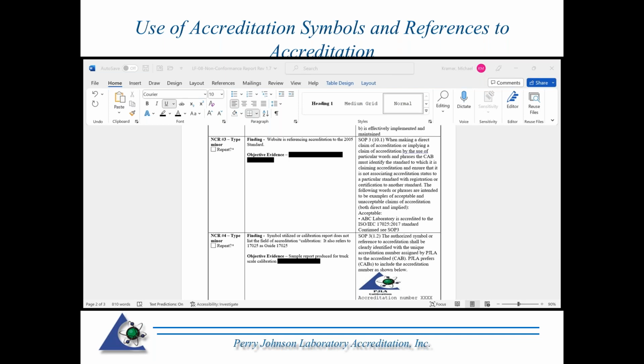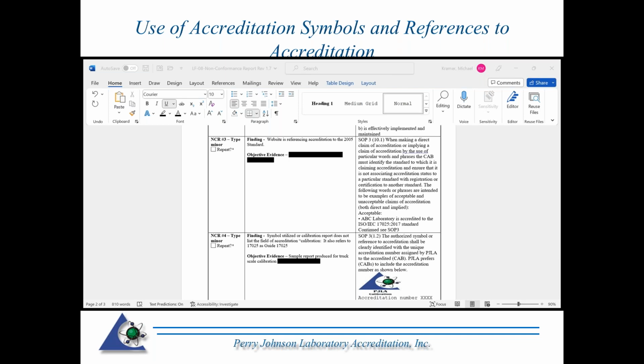Here we have two written on the same non-conformance report. On the website, we mentioned you have to reference the appropriate standard. It's ISO IEC 17025:2017. In this particular instance, it was still referencing the old standard, 2005.